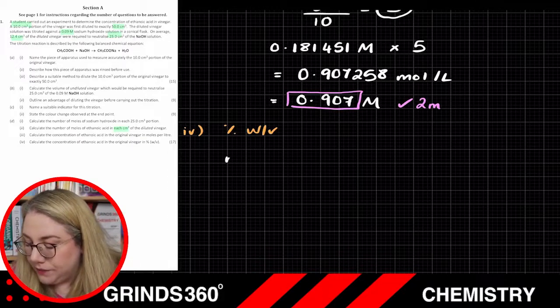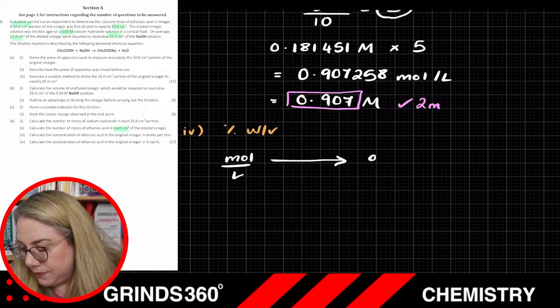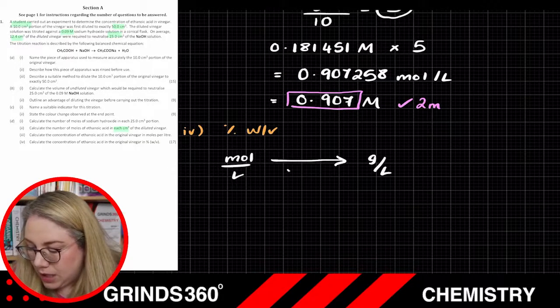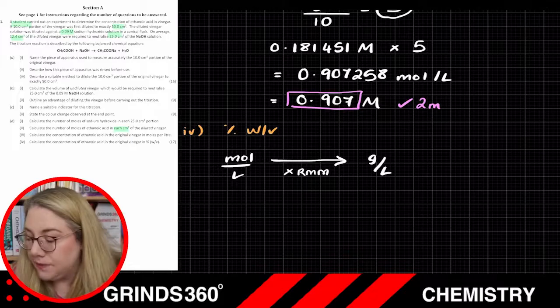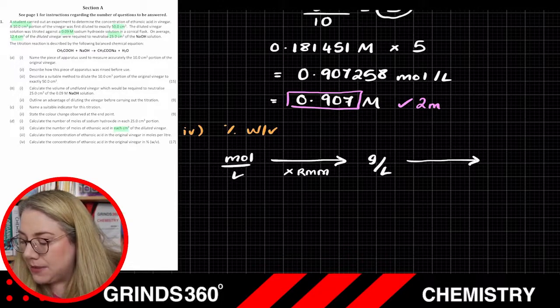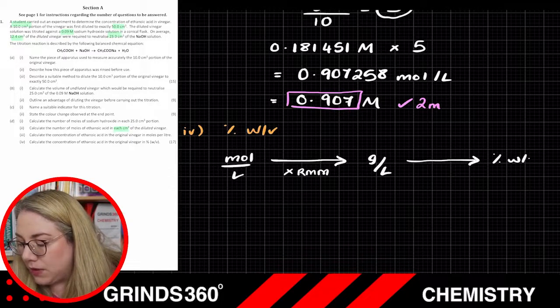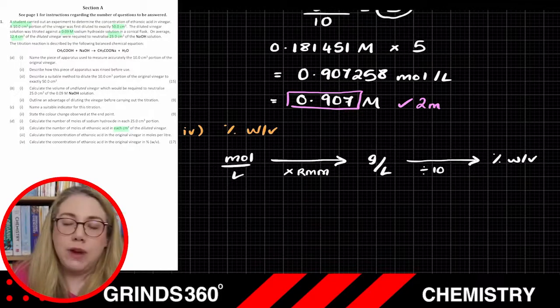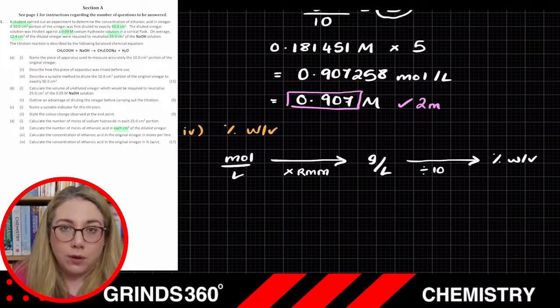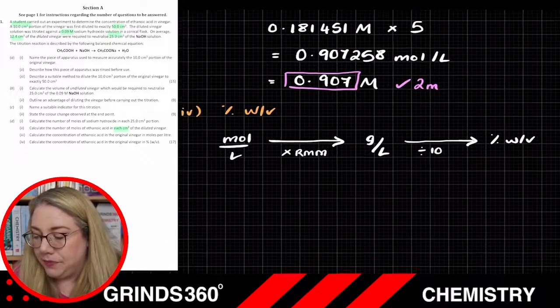So when you go from moles per litre to grams per litre, you take your moles per litre and you multiply by the relative molecular mass of what the compound is. And then to go from grams per litre to percentage weight per volume, you just divide by 10. Now, I wouldn't recommend combining this all in one formula. Do it in the 2 steps.